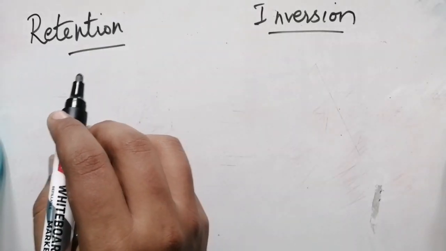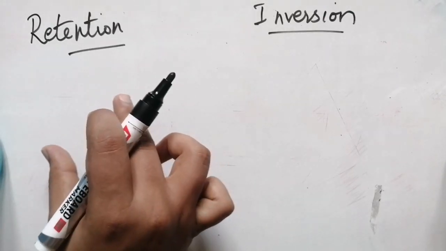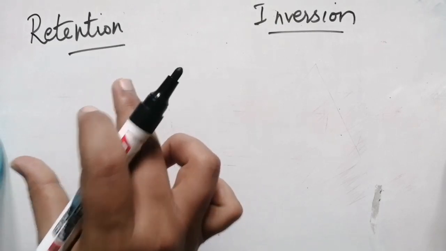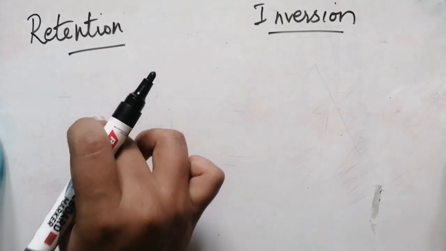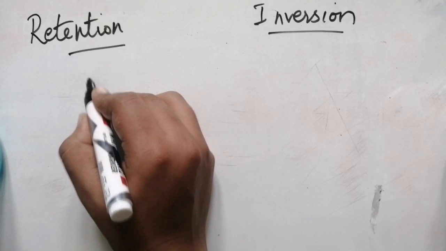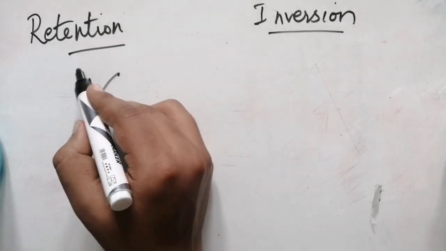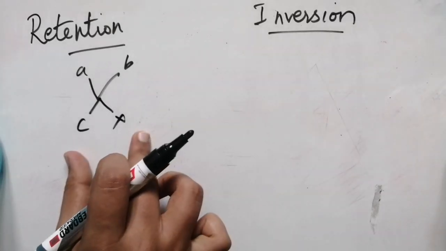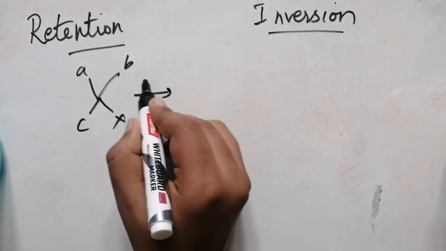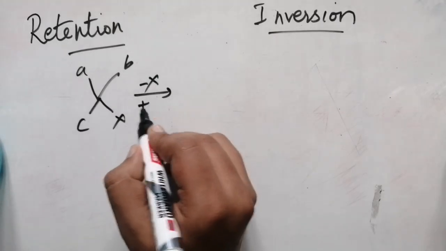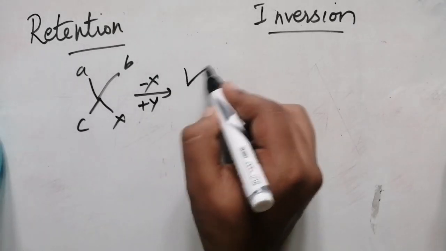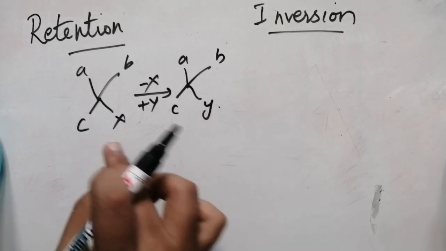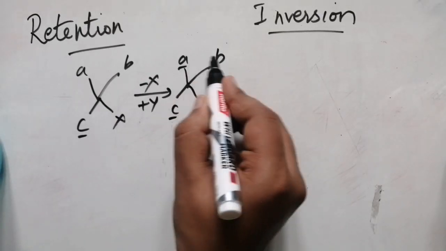What is retention? If in a chemical reaction the spatial arrangement of bonds at an asymmetric center remains the same, like this, for example I am drawing A, B, C, X, a haloalkane. I will remove X and add Y. The reaction is carried out without structural change.